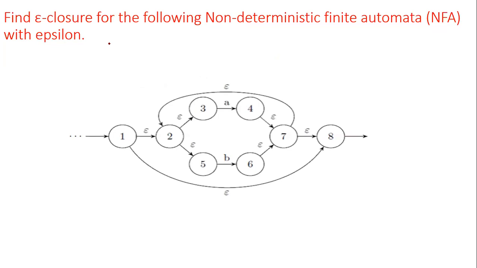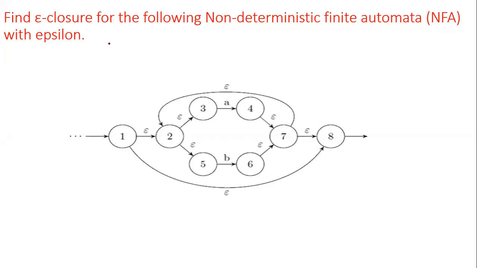Here we have 8 states, state 1 to state 8. Please, anyone tell me what is the epsilon closure of state 1? 1, 2, 3, 5, 7, 8.